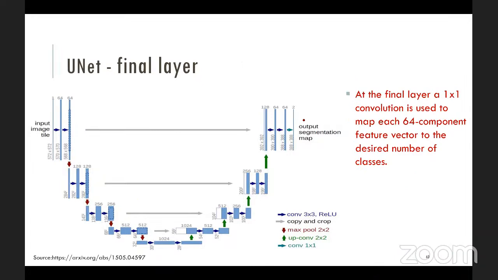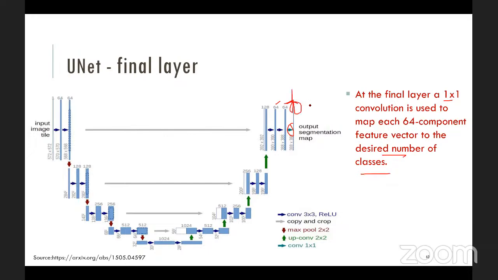Now finally, here this final layer, this 1 cross 1 point-wise convolution, is used so that for each of these 64 component feature vectors, we get the desired number of classes, right? Here you can see that it is 2.